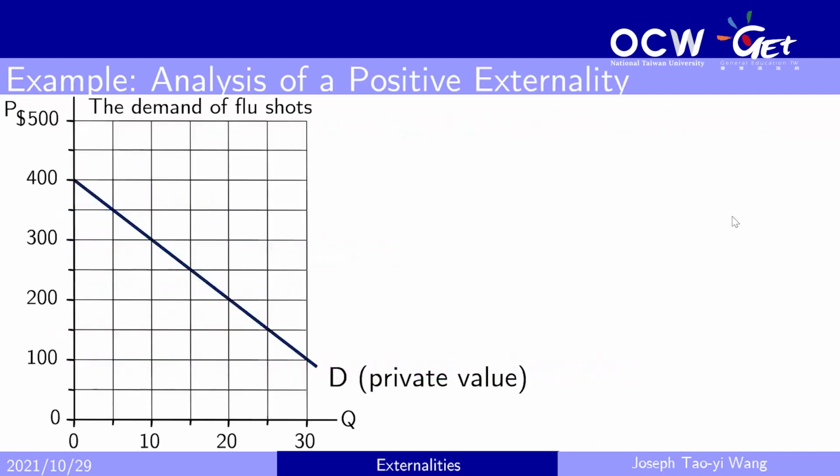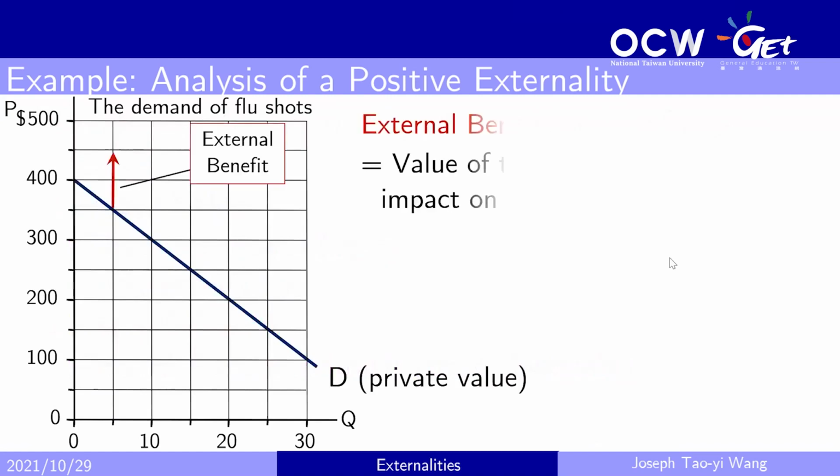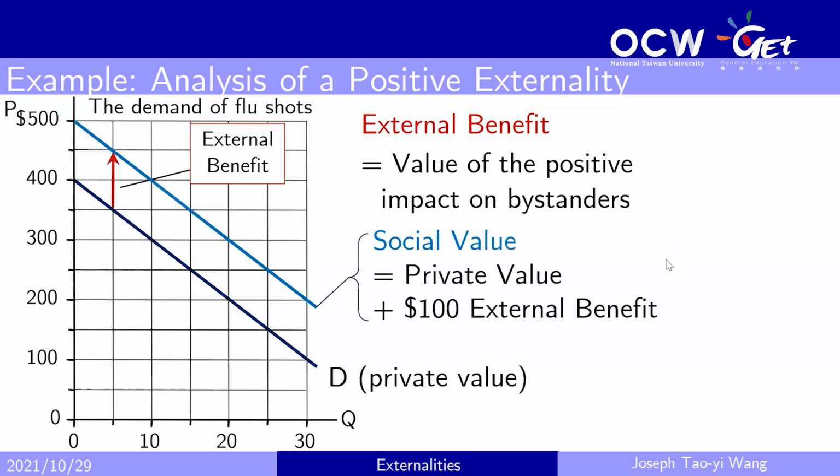So if you draw this, what you get is that the demand curve reflects the private value of this product. Like say here we have a market for flu shots. Then the external value would reflect the impact on bystanders. For example, here, let's say the external benefit for a flu shot is $100 per shot. So your social value would be the private value plus this external benefit.